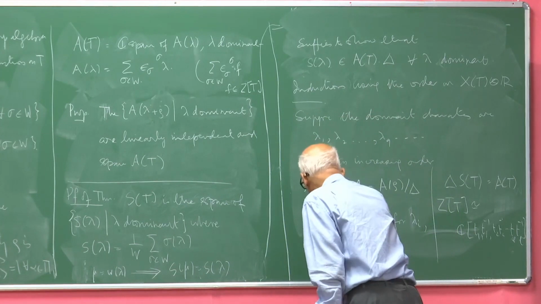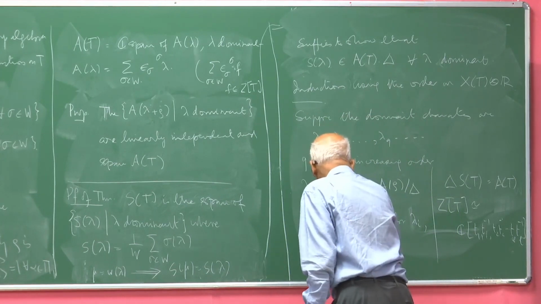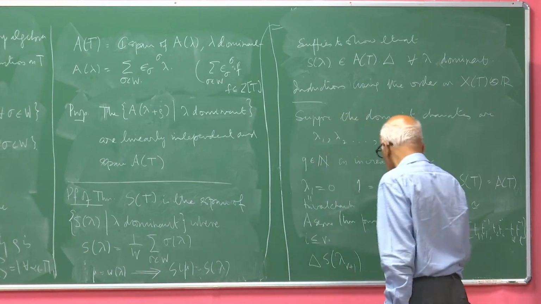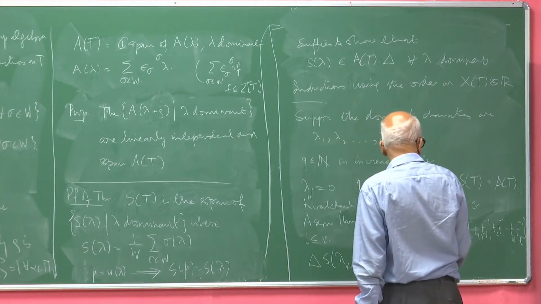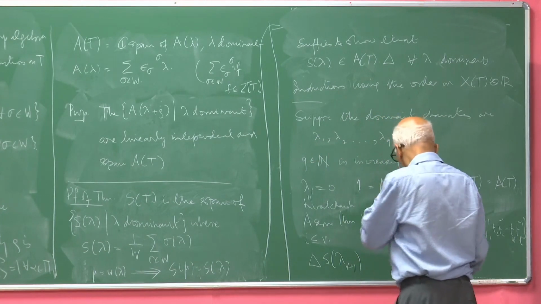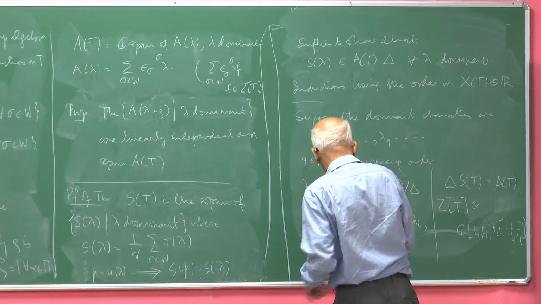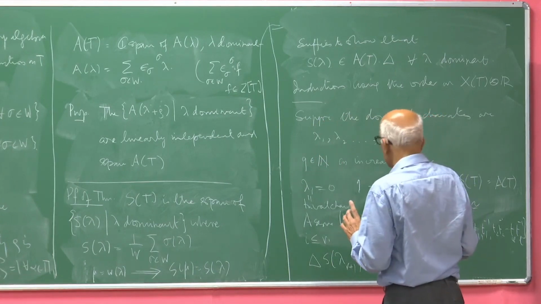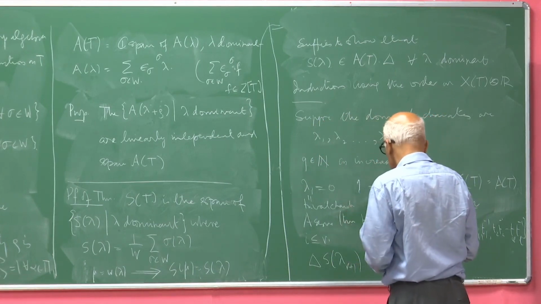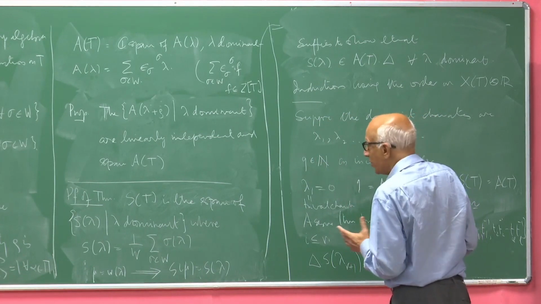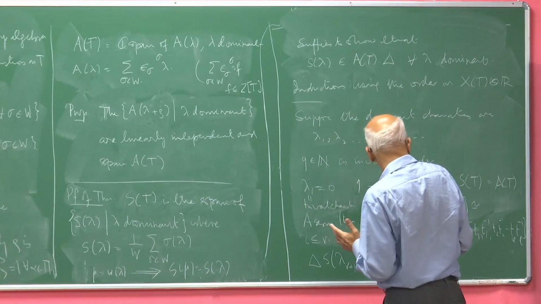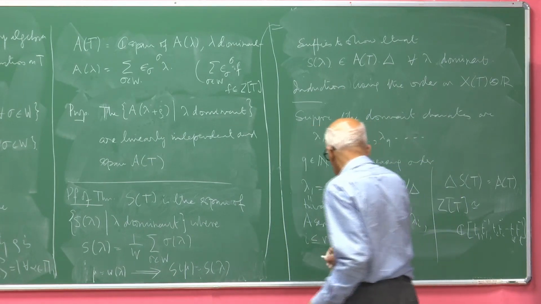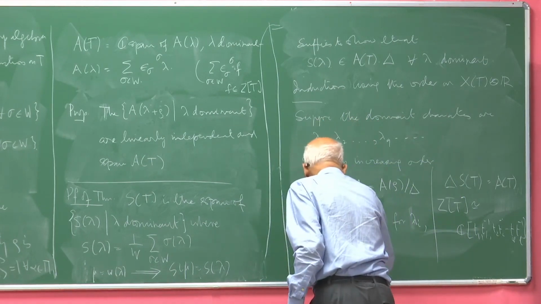So, we have to prove that delta times symmetric lambda r plus 1. Let us look at a of lambda r plus 1.